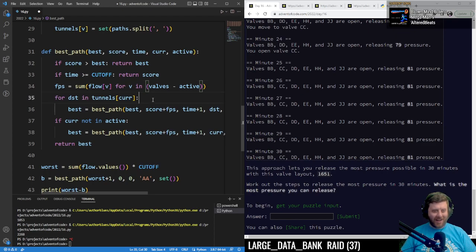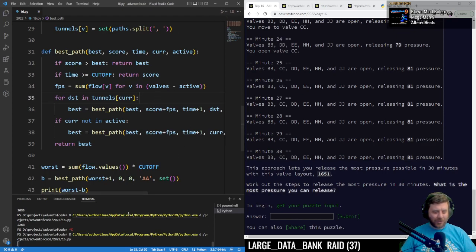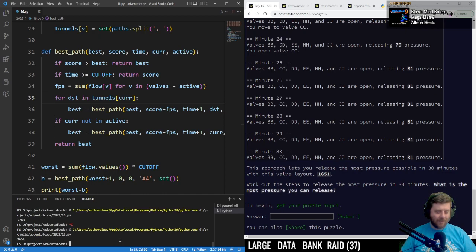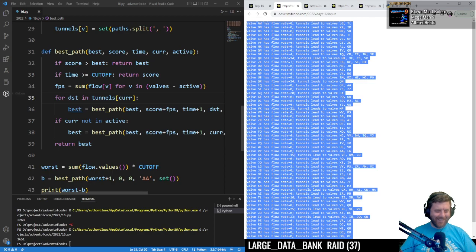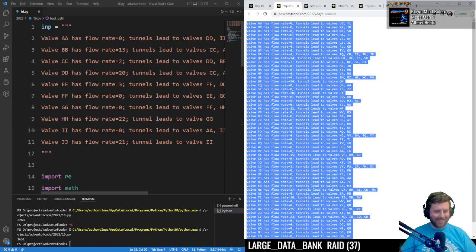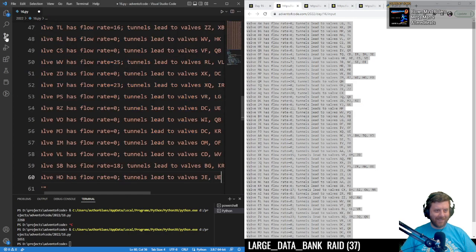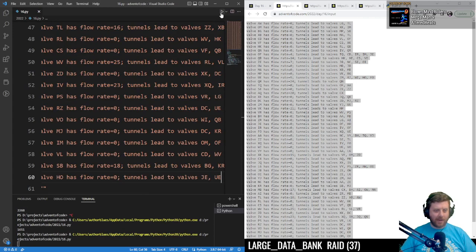Okay, I don't know why it wasn't obvious to me that that was not doing branch and bound, but hey, guess what? I get the right answer now. Real, we have branch and bound at home energy on that one.